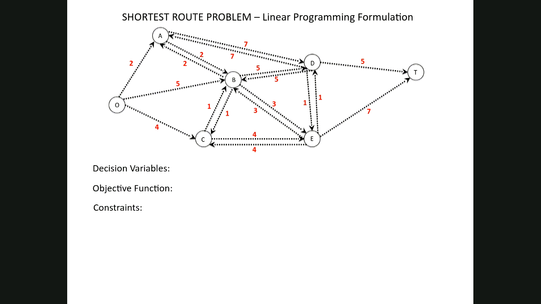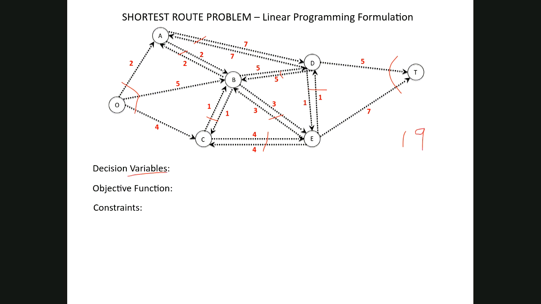It's going to turn out that there are three, 3, 4, 5, and then there's 2, 4, 6, 8, 10, 12, 14. There's a total of 19 different decision variables.